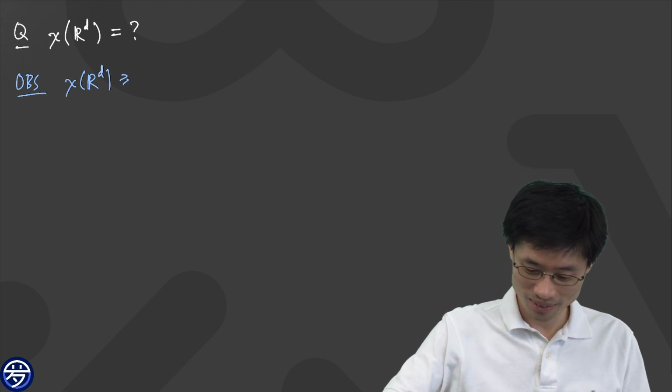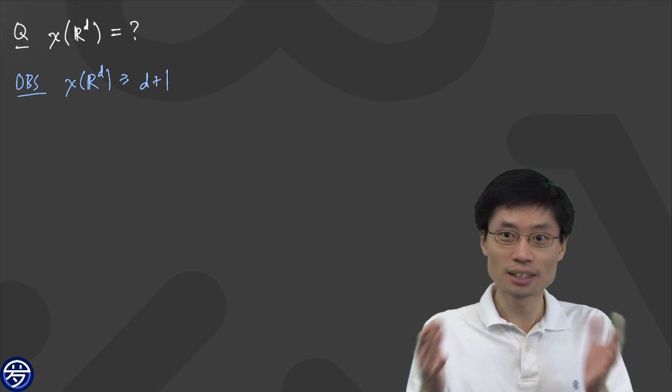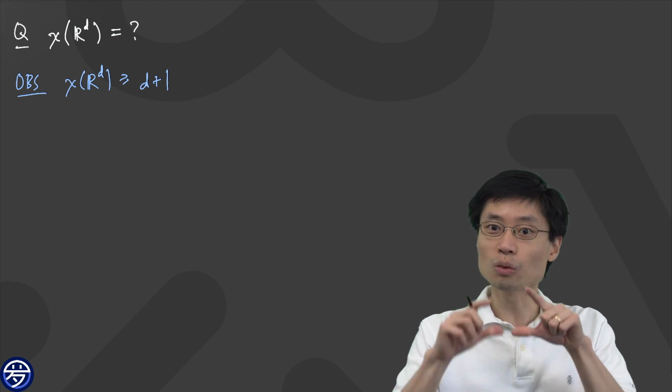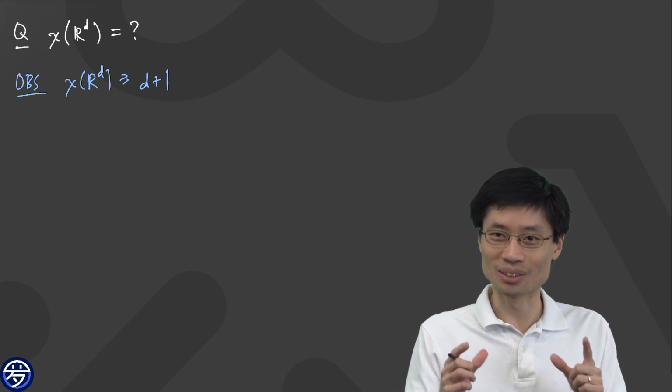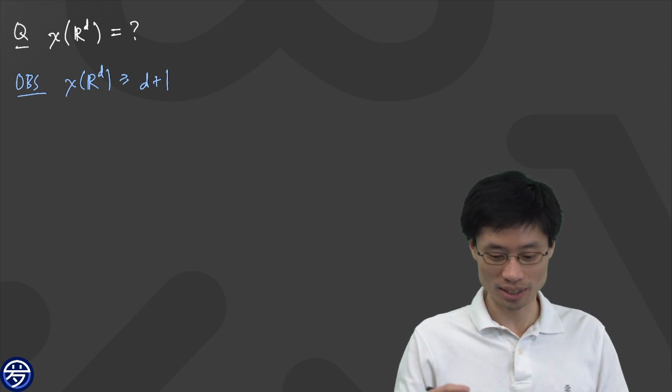The unit simplex will be a K_{D+1}. Yes. That's D plus 1 by just taking the unit simplex. It's like if I have an equilateral triangle in 2D or a tetrahedron in 3D.